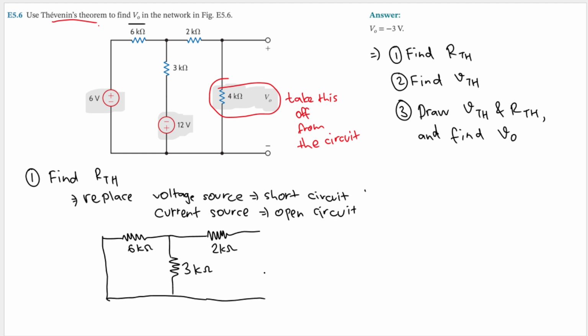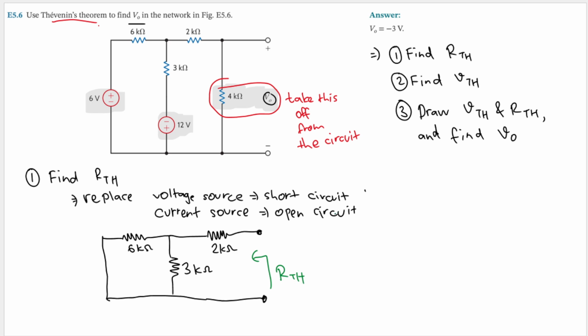And remember, we are taking off this 4 kilo ohm resistor because we are looking for this V0. So we replace this branch here by open circuit. And so we need to find out the RTH looking from this point here.